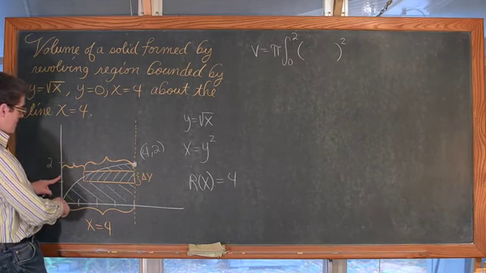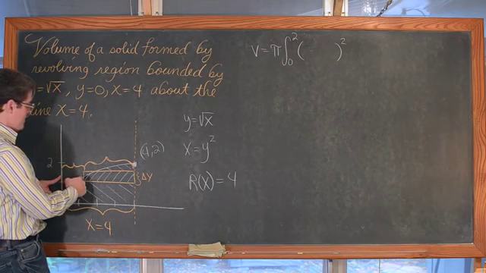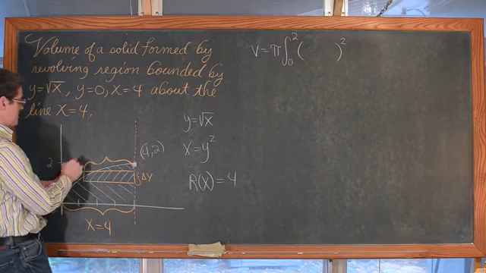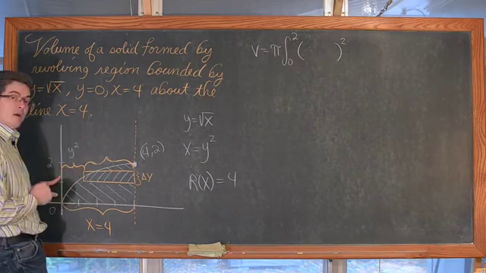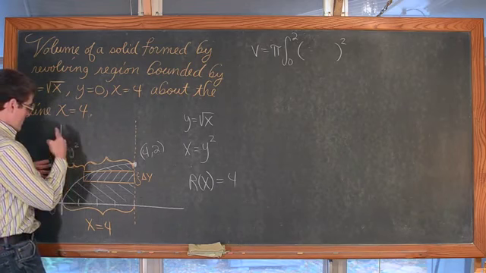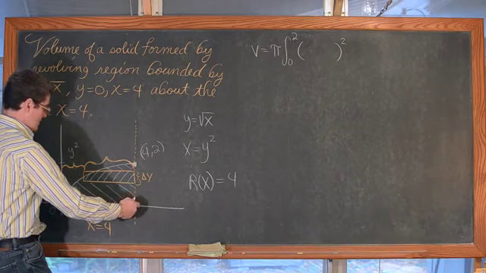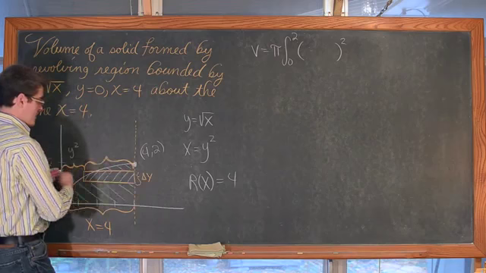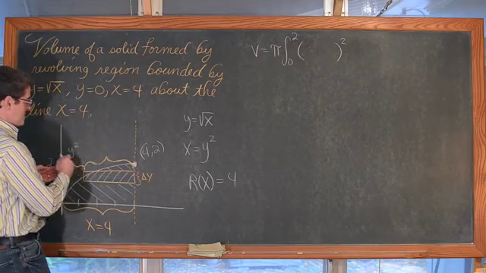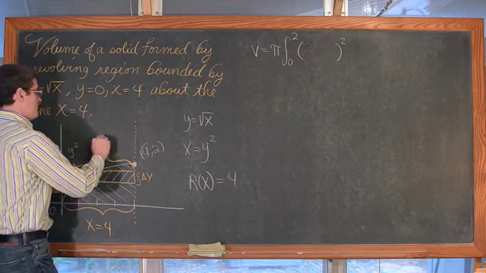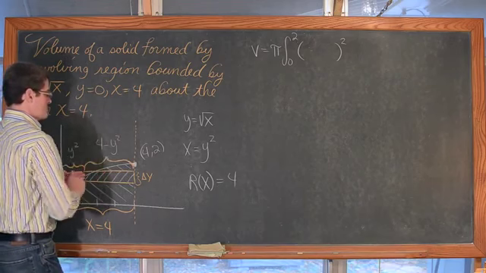Well, I'm putting in values of y, and I'm getting values of x. So this distance is y squared. So from x equals 0 to my axis of rotation, I have 4 units, and this little piece here is y squared, so the length of my rectangles is going to be 4 minus y squared.